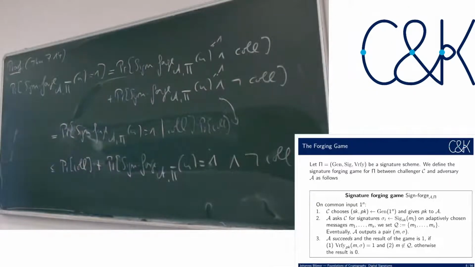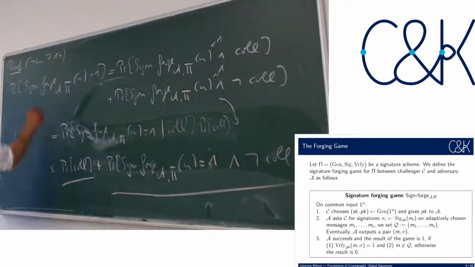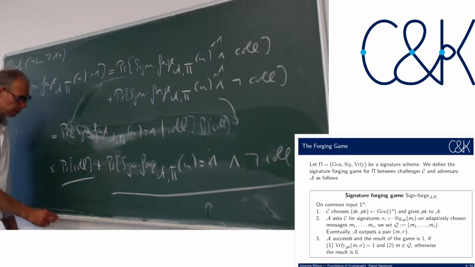So if we can prove that this is negligible and this is negligible, then we are done. Because then this is negligible as well. And since A was fixed but arbitrary, then we would have shown that for every probabilistic polynomial time A, there is a negligible function. Success probability is negligible. Okay. Good.